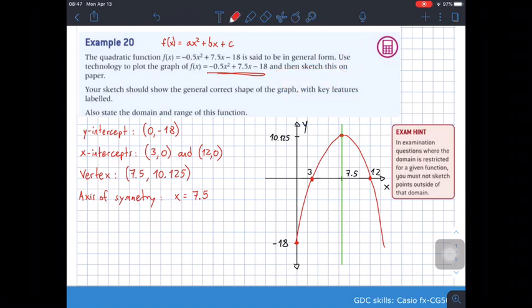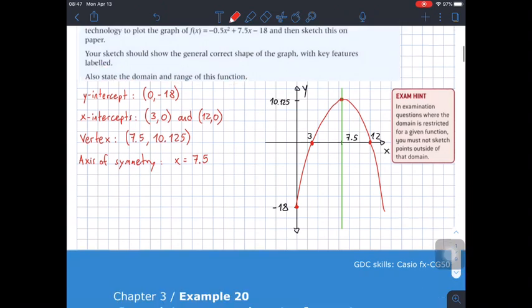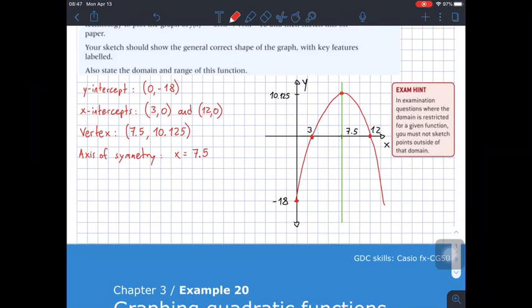So we're missing one last part, which says state the domain and range of this function. By observing this function, we could see that the domain is all real numbers, right? The x value goes from -infinity to +infinity, because remember, this keeps on going downward and this keeps on going downward as well.